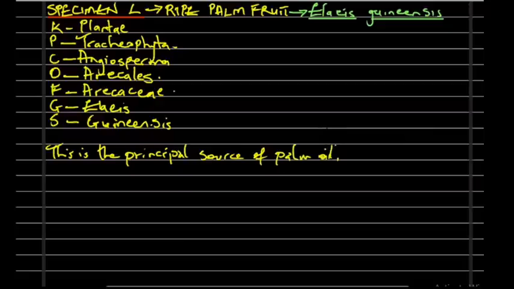The tree is single stemmed with height of about 20 meters. Though we have so many species of this palm, some of them are not very tall, but they have an average height of 20 meters.